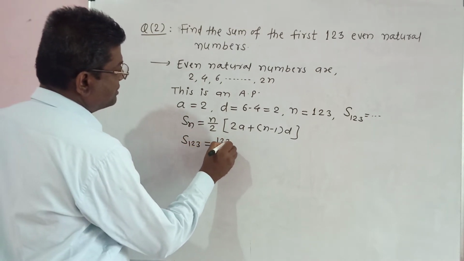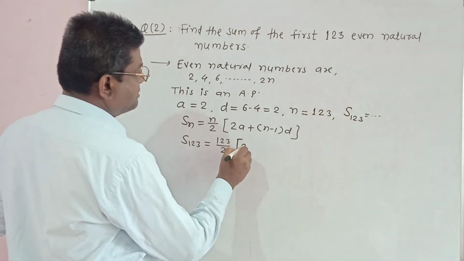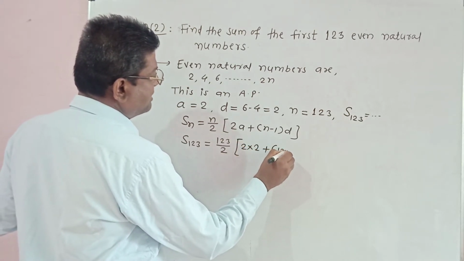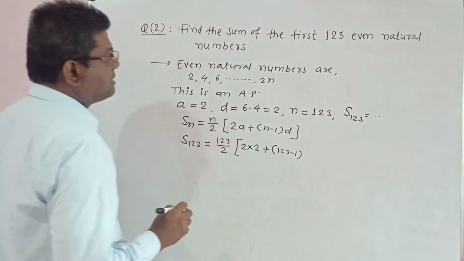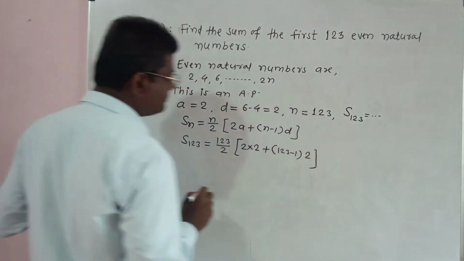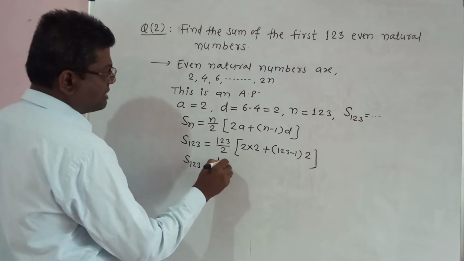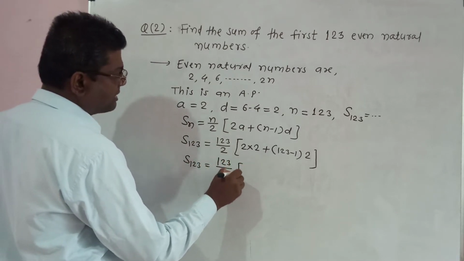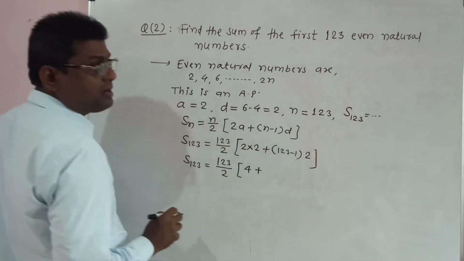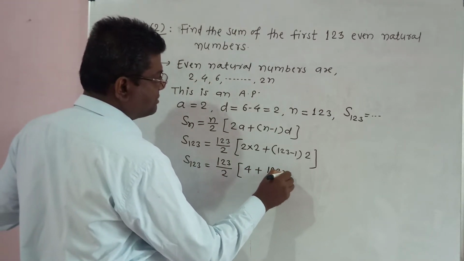S123 is equal to 123 upon 2 in bracket 2 into a, a is 2, plus n is 123 minus 1, into d, d is also 2. So S123 is equal to 123 upon 2 in bracket 2 into 2 is 4 plus 123 minus 1 is 122 into 2.